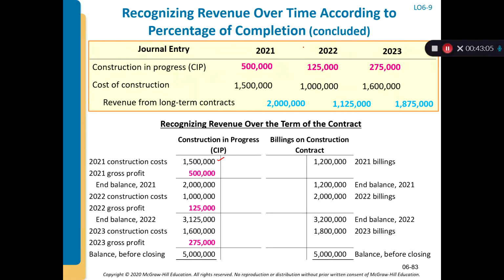You recognize the 500,000 gross profit in year 1. You recognize 125 in year 2, right? And you recognize 275 in year 3, right? Instead of 900,000 at the same time. Okay.